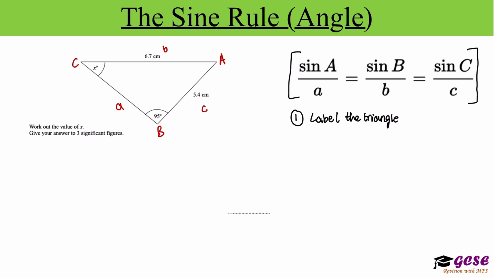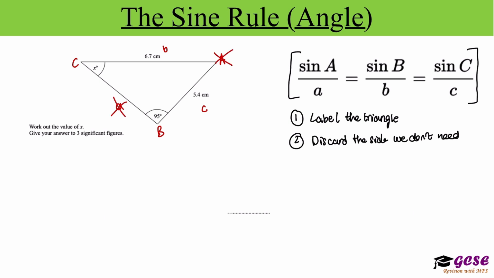And then step two is to discard the side we don't need. As you can see, we don't know anything about A, so we're going to discard A, the side and the corner.